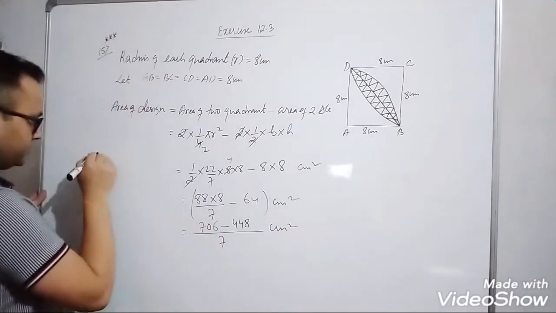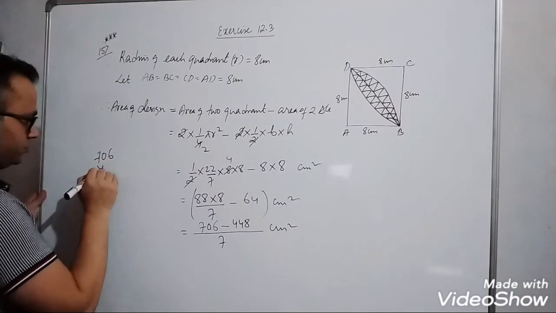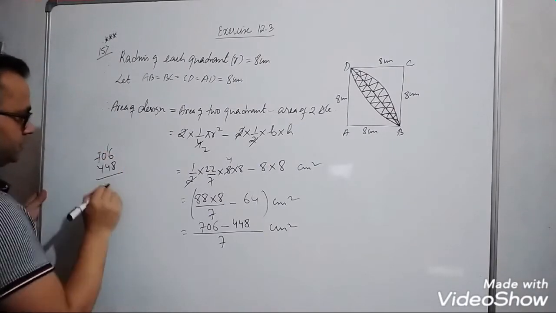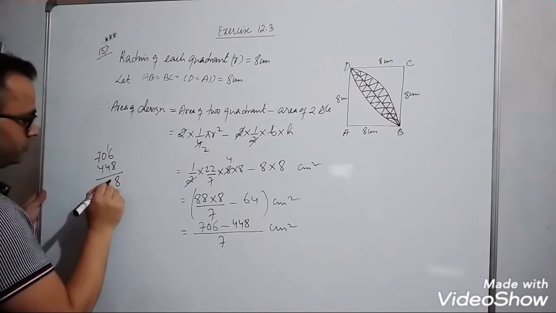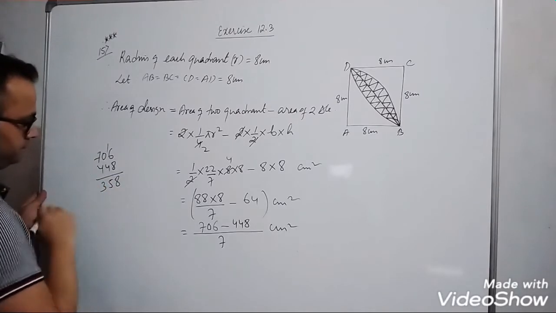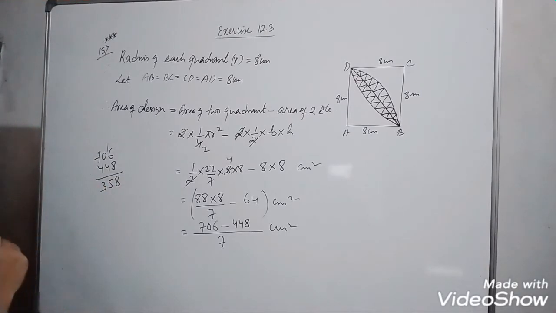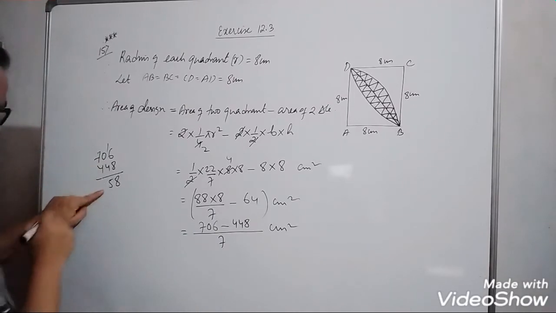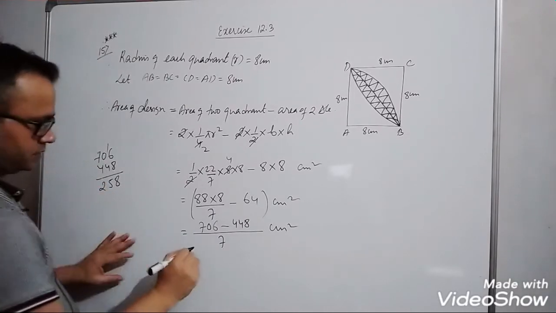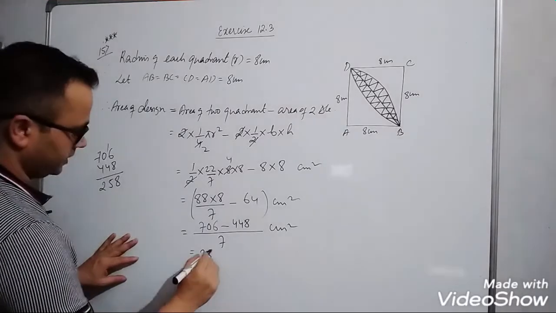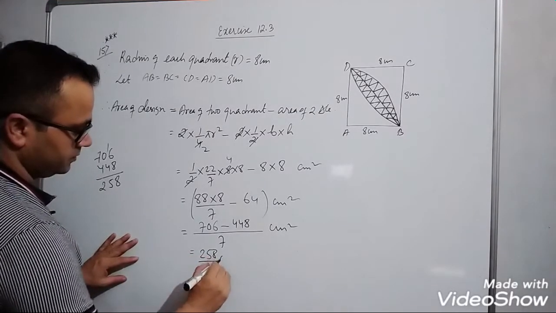Now subtract this. 706 minus 448. 16 minus 8 is 8. 9 minus 4 is 5. Not 3, 6. 6 minus 4 is 2. So this equals 258 divided by 7 centimeter square.